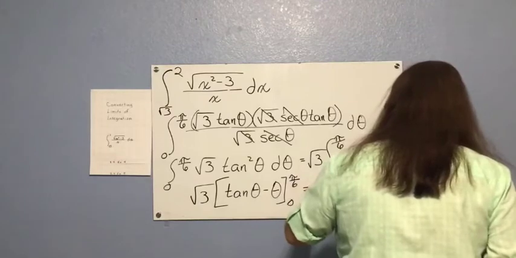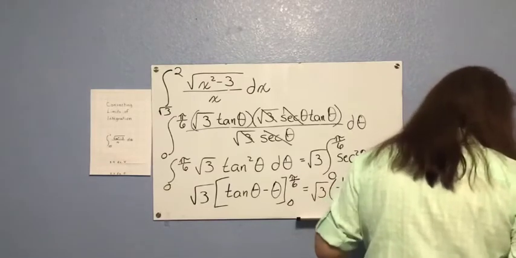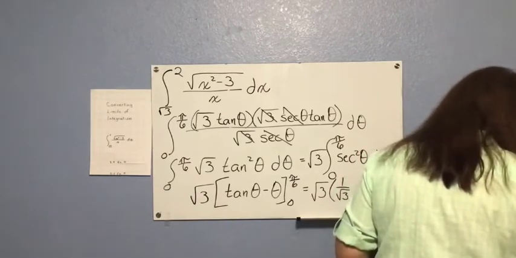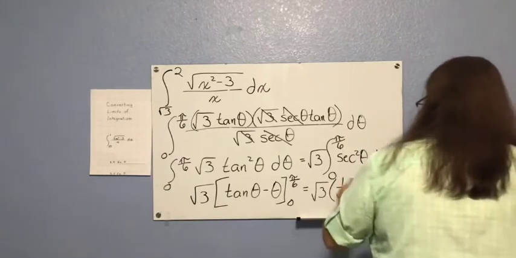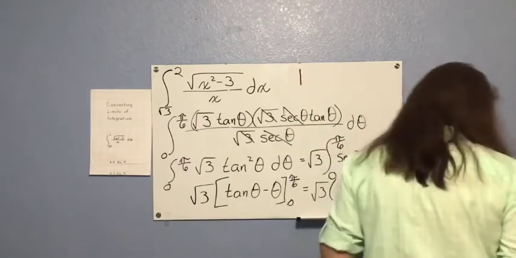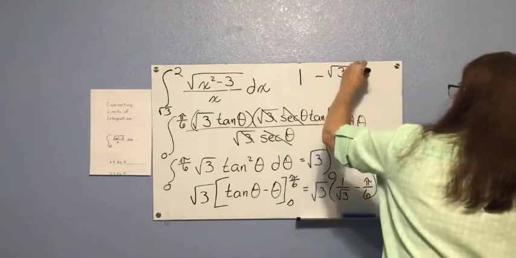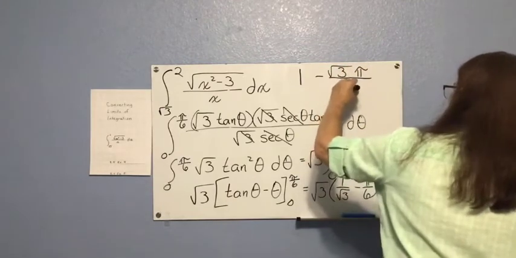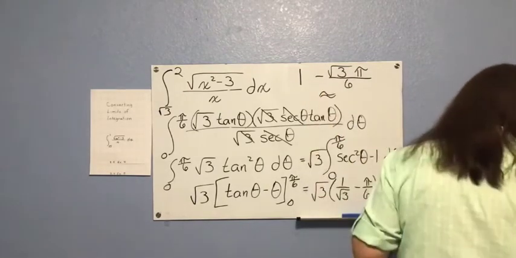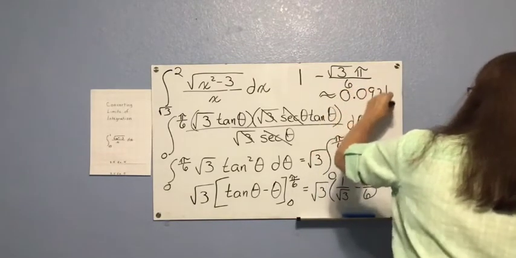So now I have square root of 3 times 1 over square root of 3 minus pi over 6. So this is just going to give us 1. And then I'll have square root of 3 pi over 6. And if I want to put that in the calculator to get a decimal, it's 0.0931.